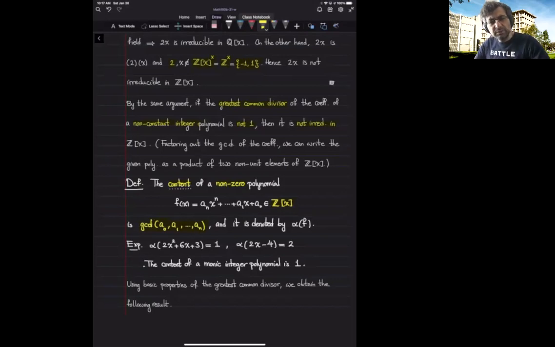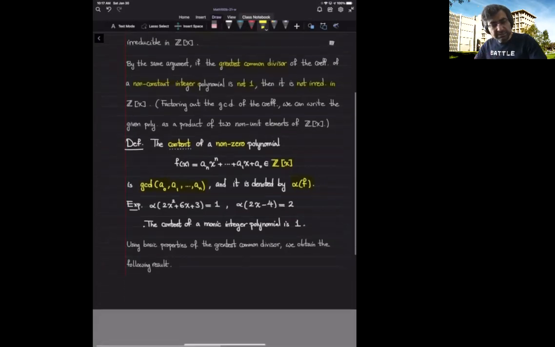In this course, we denote the content of f by alpha of f. In literature, it's often denoted by C of f, but in this course, we use C sub n for the residue maps, and I want to avoid confusion between the content function and the residue map function.